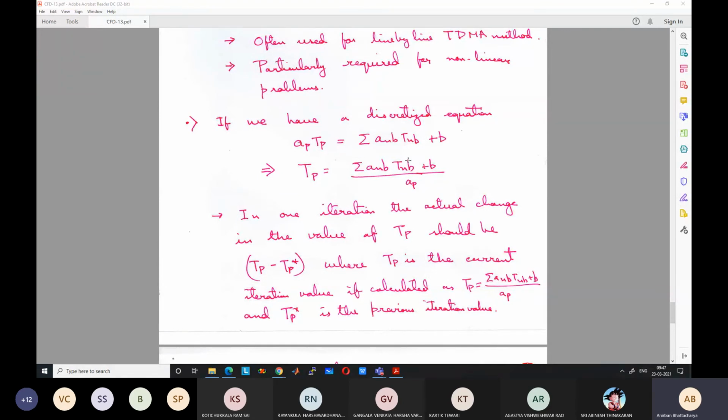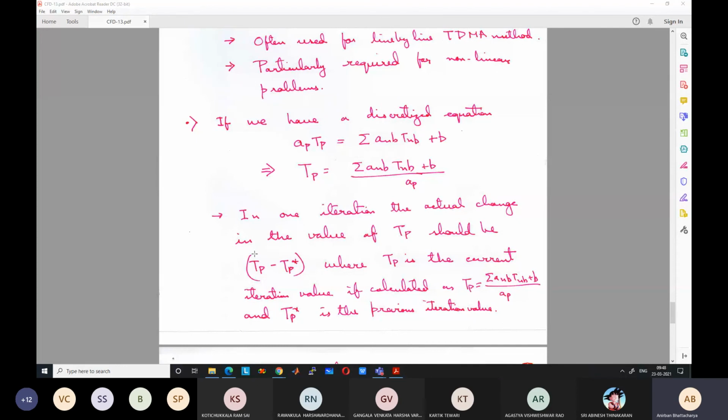In one iteration, the actual change in the value of TP should be the change that occurs from the previous value TP star to the new value TP. So TP minus TP star is the actual change occurring in one iteration. TP star is the previous iteration value, TP is the current iteration value.